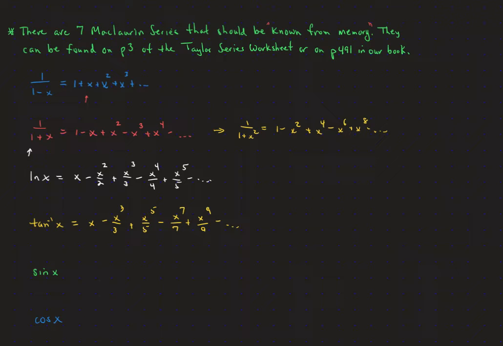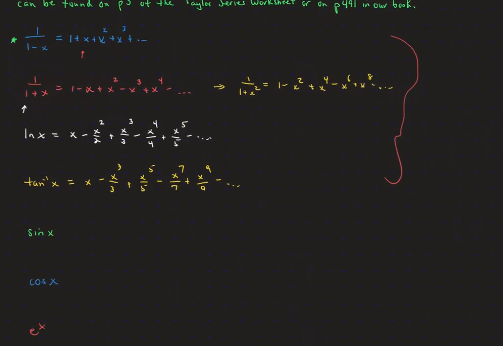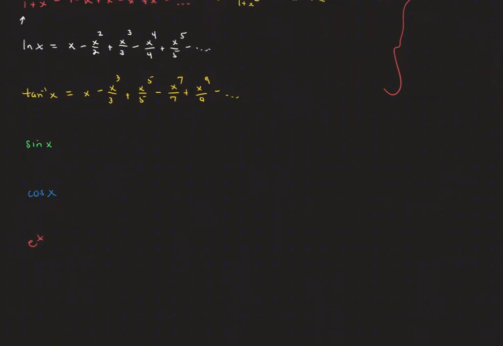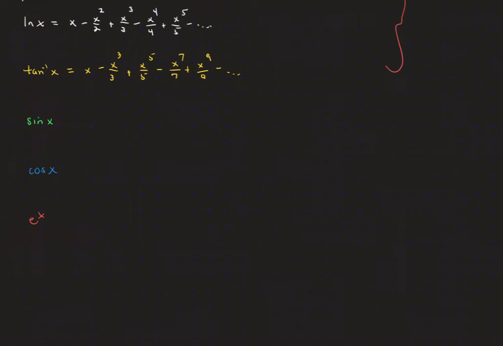So I kind of group these four together, at least in my mind, because they all come from, as a source, this 1 over 1 minus x. Then in my mind, I group the next three together. So the sine and the cosine are these alternating either odd powers with factorials or even powers with factorials.